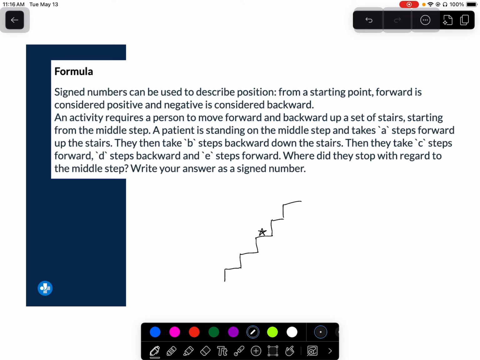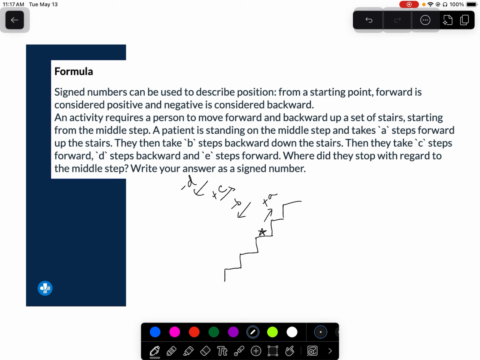They take A steps forward. So we're going to assume that's going up. Okay, so they step A forward. And they take B steps backwards. And then they take C steps forward. And then they take D steps backward.